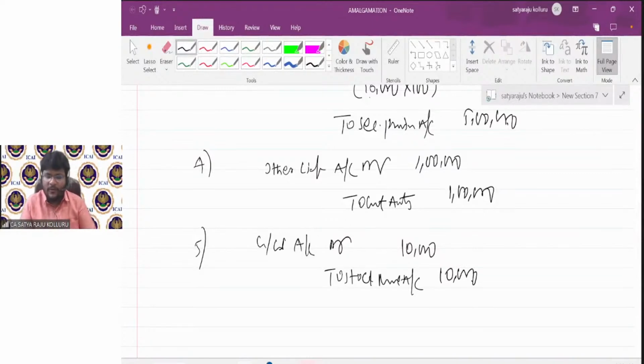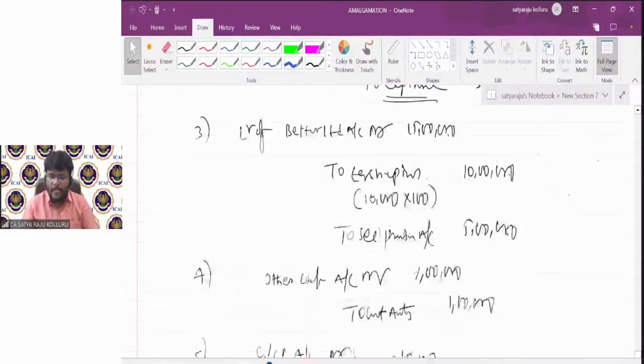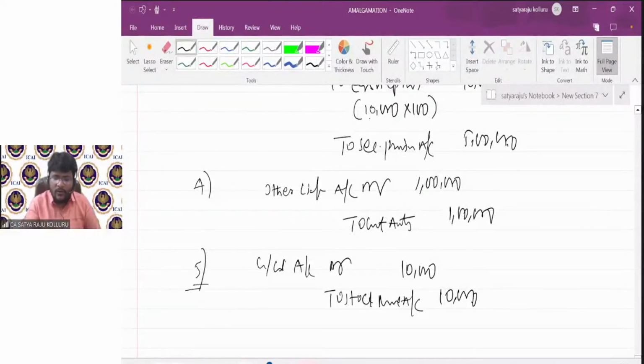Yes, please all of you observe one thing here. Sir, in entry number 2, we derived the capital reserve. In entry number 5, we have the goodwill. Sir, can I knock off goodwill with capital reserve? Yes, I can. So rather than recording one more entry, I will directly debit the capital reserve here.